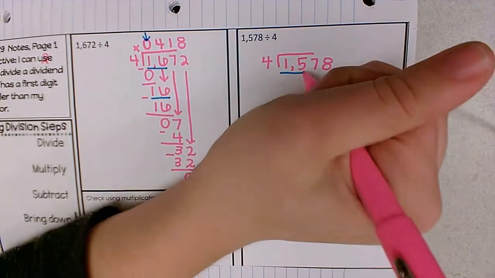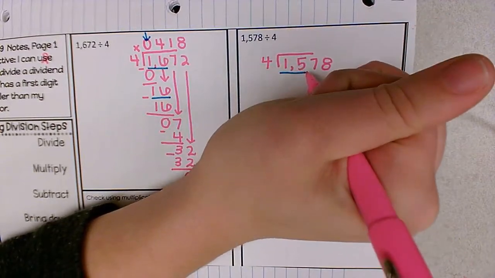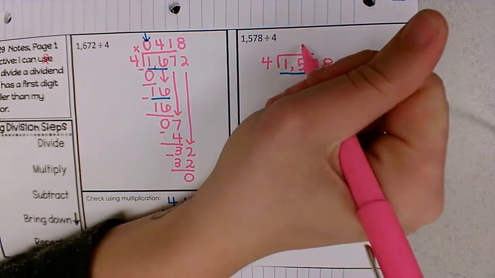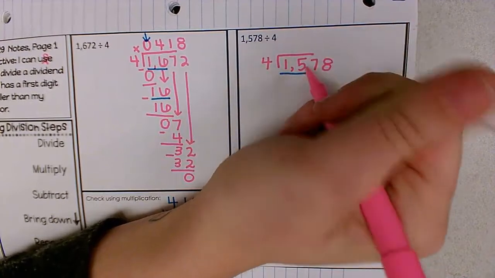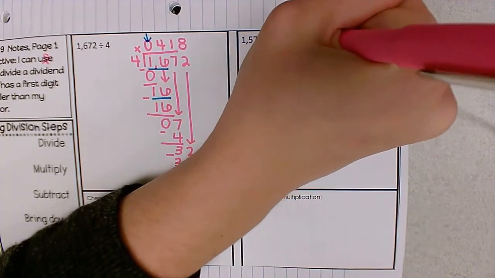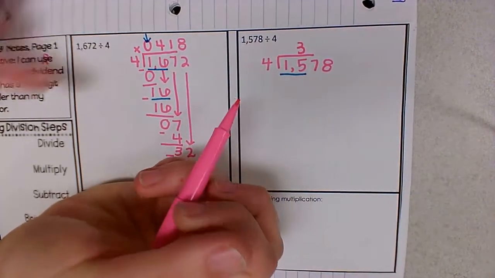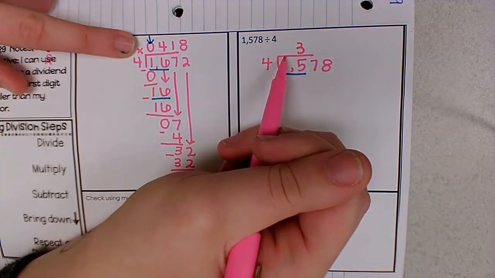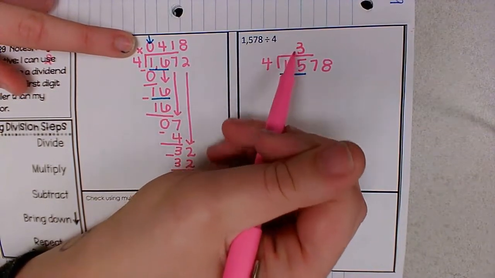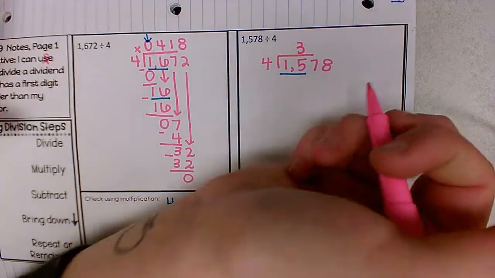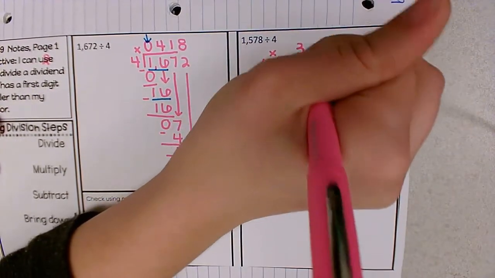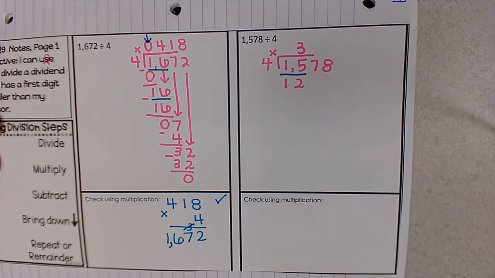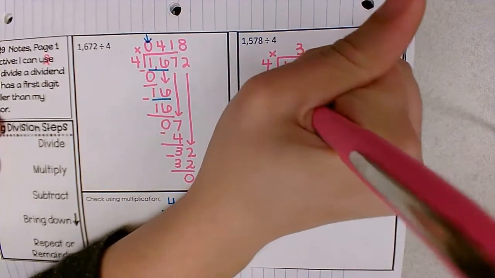Now, because I'm using the number 15 instead of 1, when I put 3 on my roof, I'm going to make sure that I line it up with the end of the number 15, like this. It's like having the placeholder 0 there without actually writing the 0. I still want to leave a space open. Divide, multiply. 3 times 4 is 12. Divide, multiply, and subtract.